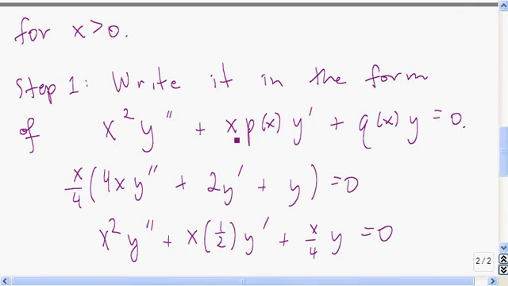Again, we want to write it as x times p of x. So now here is our x, and our p of x is a half. Our q of x times y, so q of x is x over 4.